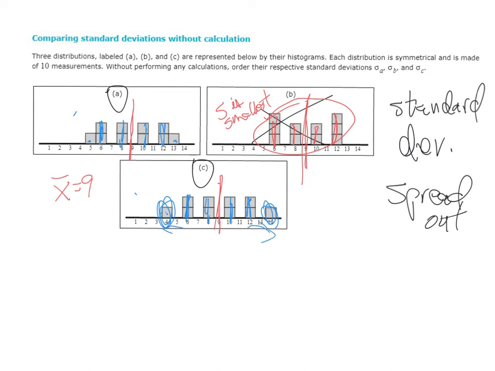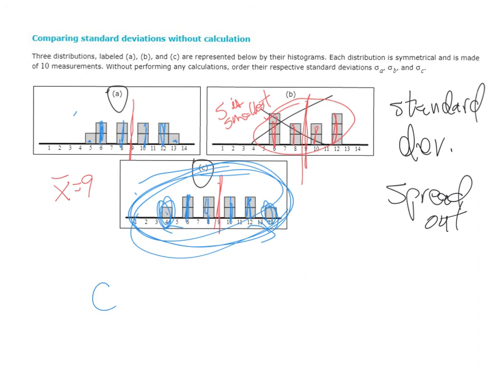Which means this standard deviation is going to be the most spread out, so the standard deviation is going to be the biggest. So I'm going to say C is the biggest, A comes next, and B would be the smallest, okay? So C is greater than A, and A is greater than B.